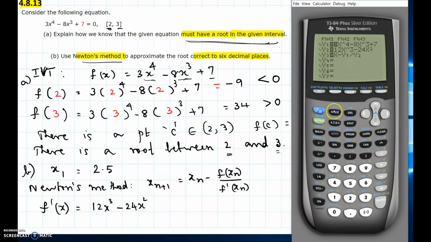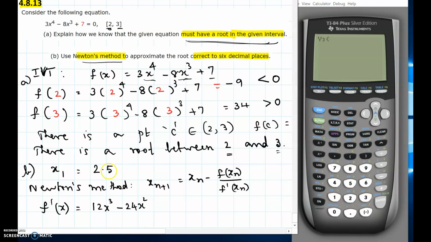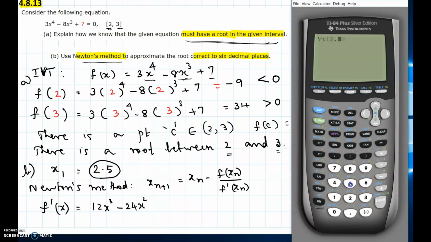So now you go to the home screen and pull up y3. Let me show this again: hit VARS, Y-VARS, then 1, and then 3, because that will give us y3. Then we have chosen 2.5 as our first approximation, so plug in 2.5 and hit enter.